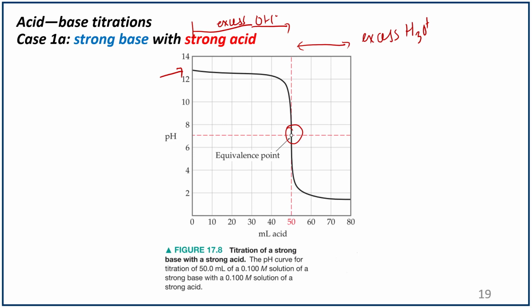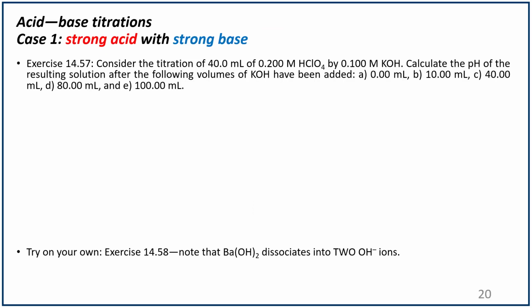Alright, let us look at this problem, 14.57. I'm sorry if this video is going to be long, but what I want to do next will be to calculate the pH of this solution in the Erlenmeyer flask as we are adding the sodium hydroxide.